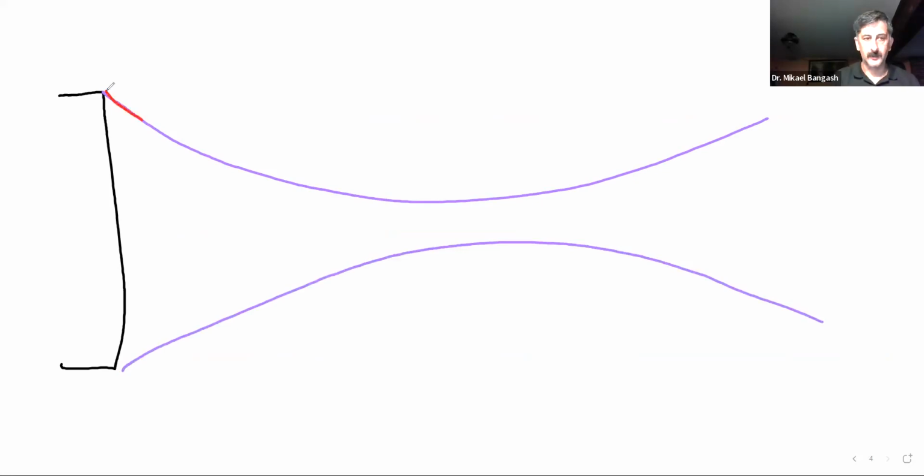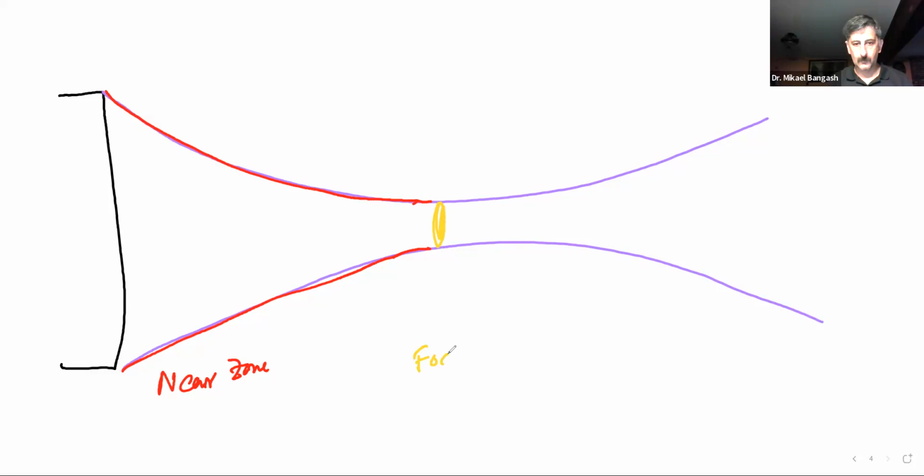So we said, as this here, this was what we call the near zone. Then we reach what we call the focal point, or we just call the focus.